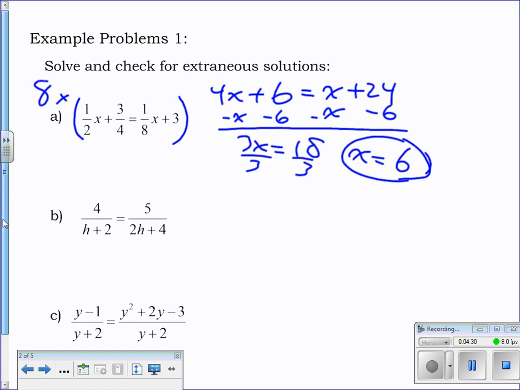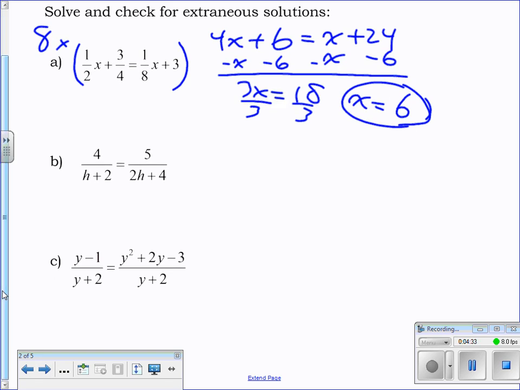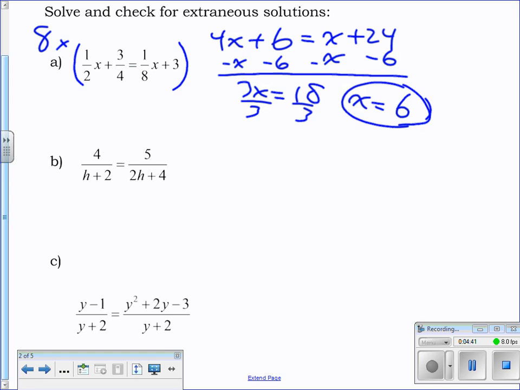Now, there is a big difference between example A and example B. The big difference is how many fractions I have in A compared to how many I have in B. In B, I have a proportion, which means I don't have to multiply through by the common denominator.